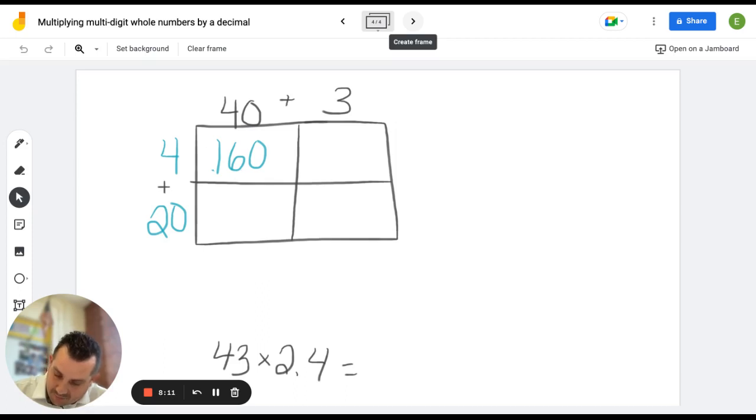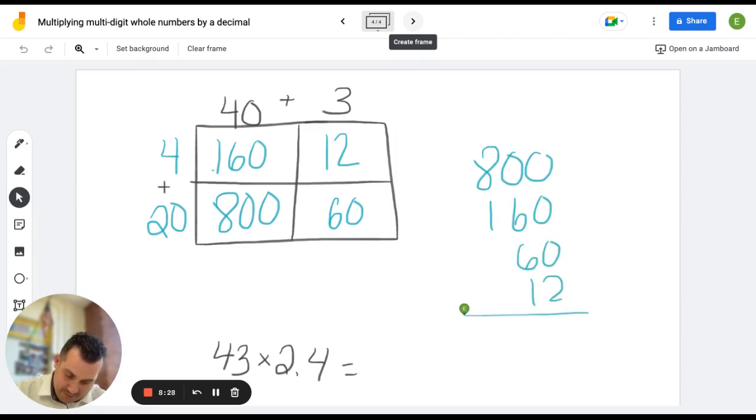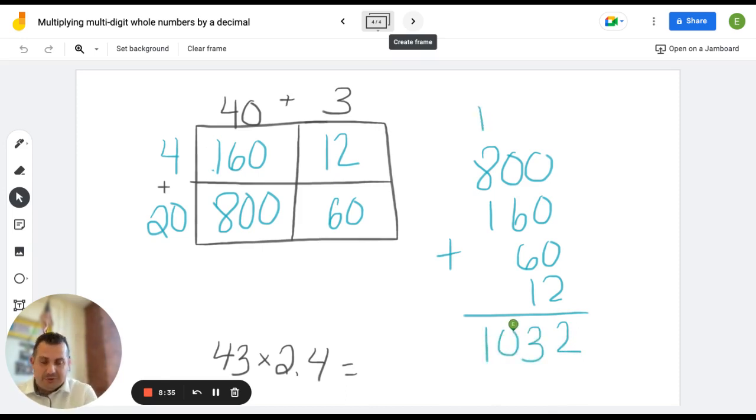20 times 40 is 800. 4 times 3 is 12. And 20 times 3 is 60. I'm going to add up those partial products: 800, 160, 60, and 12. That's 2, 13, 10, 1,032.